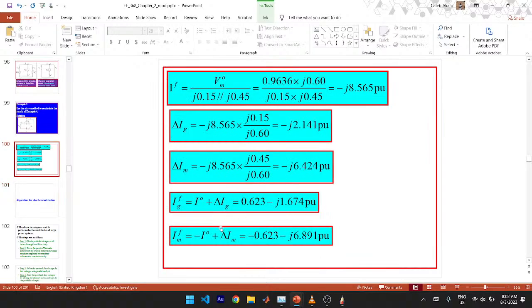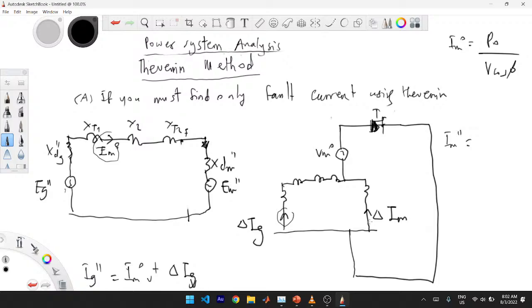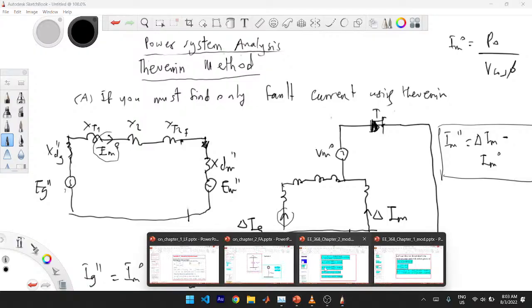We are showing the change in IM to be going up, and then this one is coming down. So this is equal to our change in IM minus IM naught.